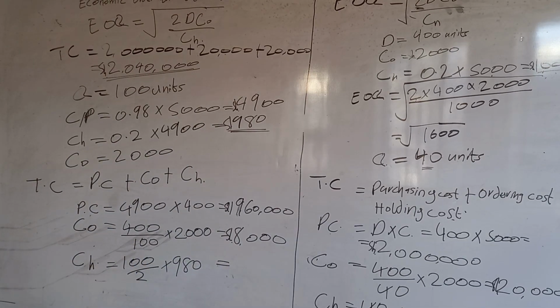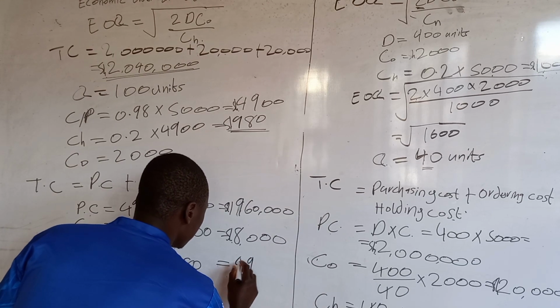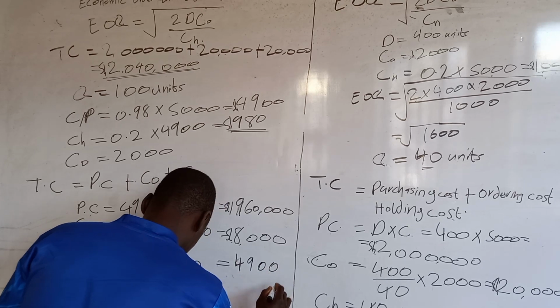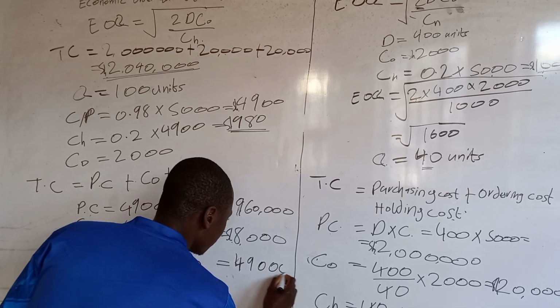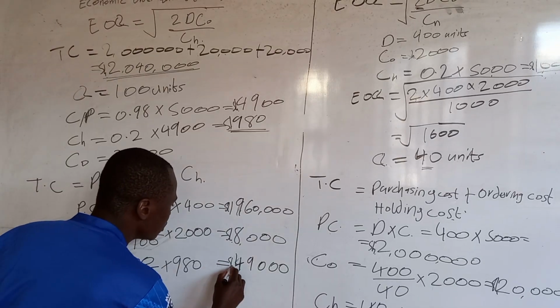What do you get? No, 49,000. I mean 49,000 shillings.